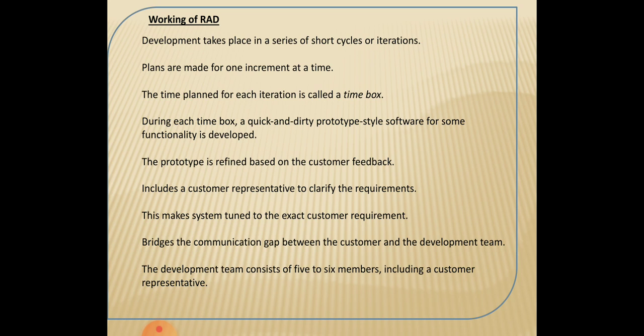During each time box, a quick and dirty prototype style software for some functionality is developed, and this prototype will be delivered to the customer, and the customer evaluates the prototype, and of course he gives his feedback to the developers, and based on that feedback specific improvements would be made.